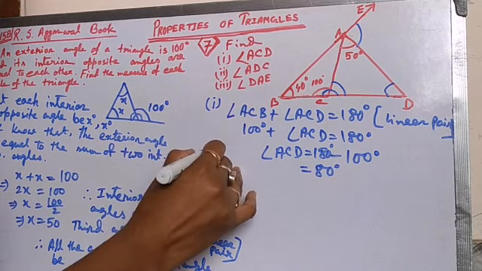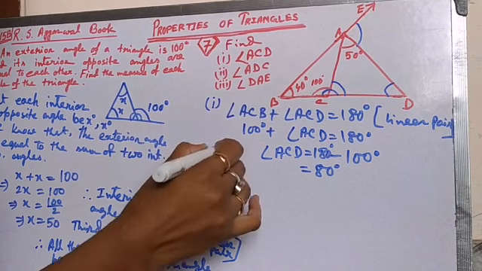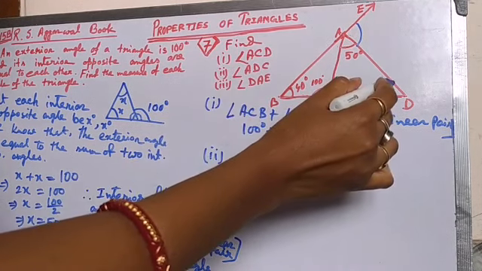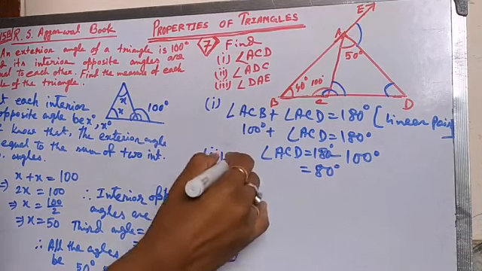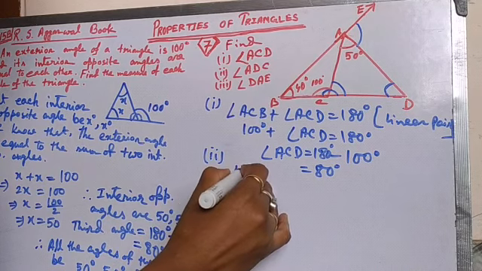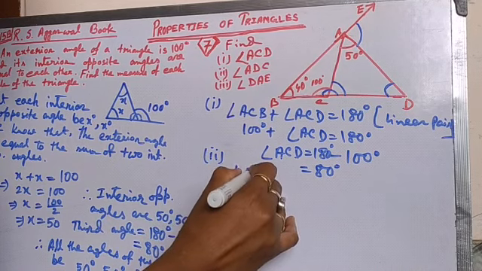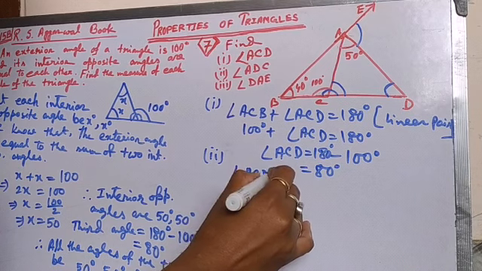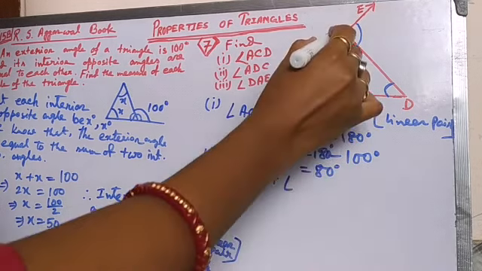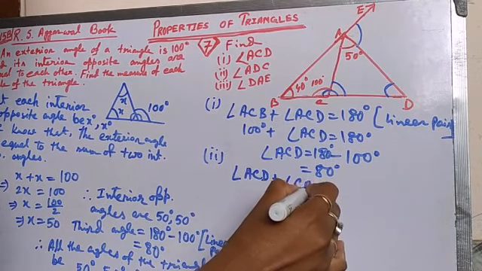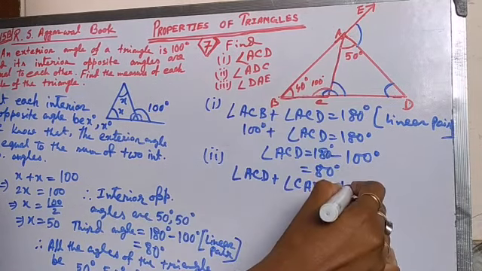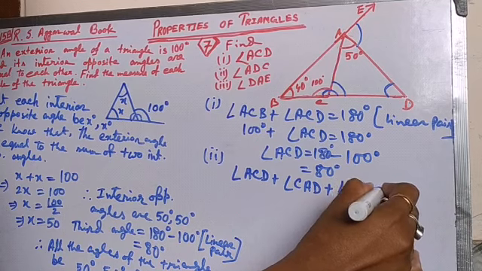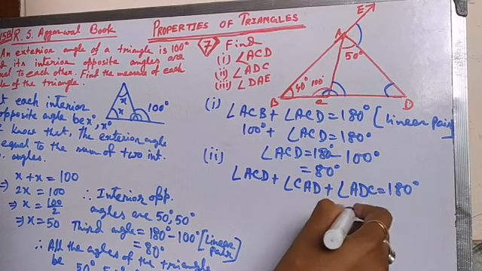Now number 2, angle ADC. Angle ADC means this one angle. So by angle sum property of the triangle we can get this one. So angle ACD plus angle CAD plus angle ADC equal to 180 degree.